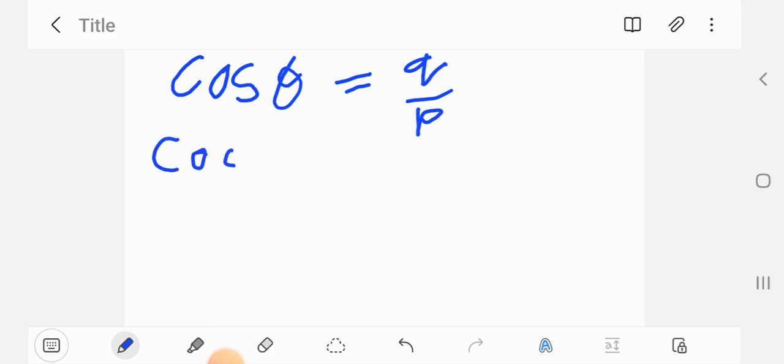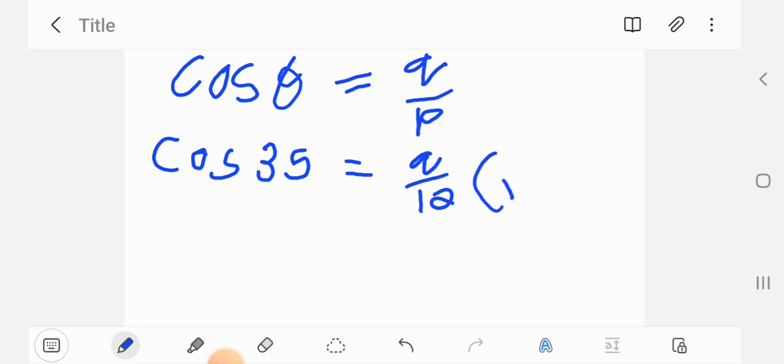Cos theta equals Q over P, that is adjacent over hypotenuse. Then we'll say cos 35, which is the value for theta, it was given to us, equals Q over 12. So here you cross multiply.